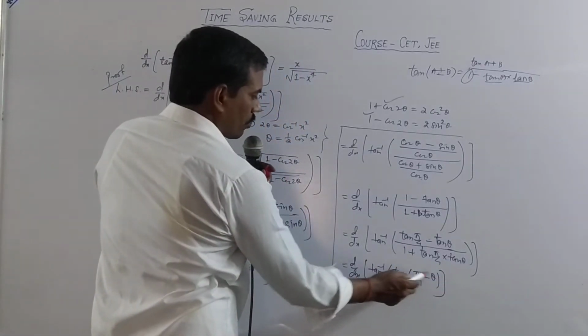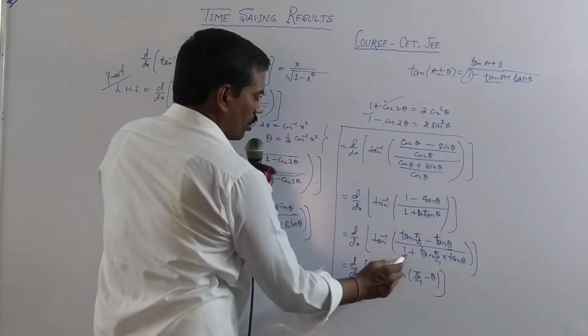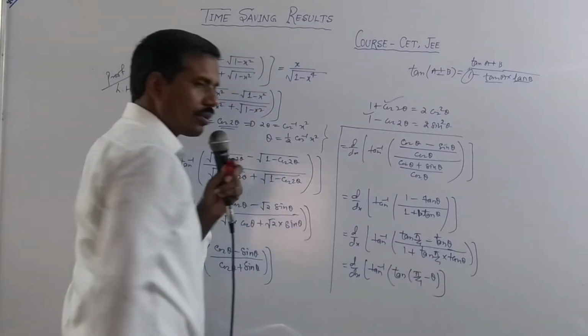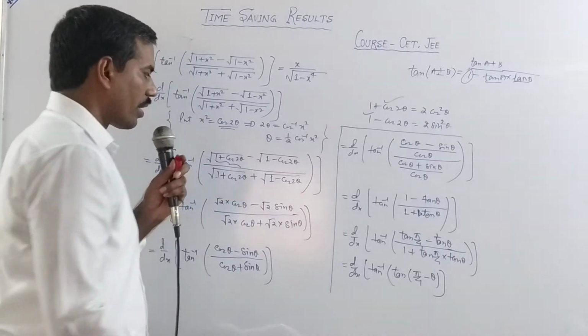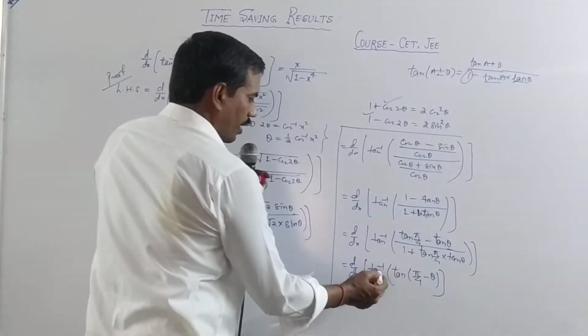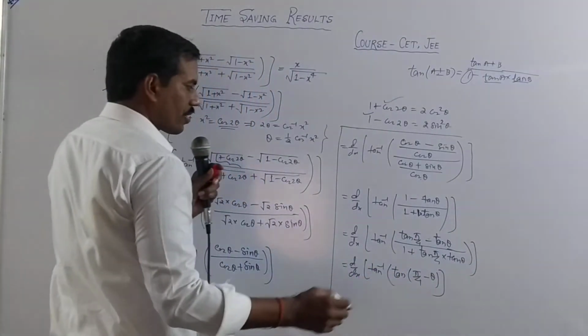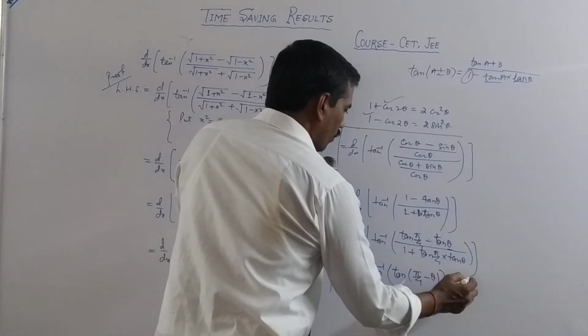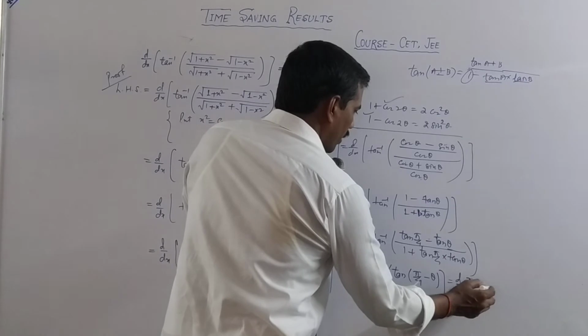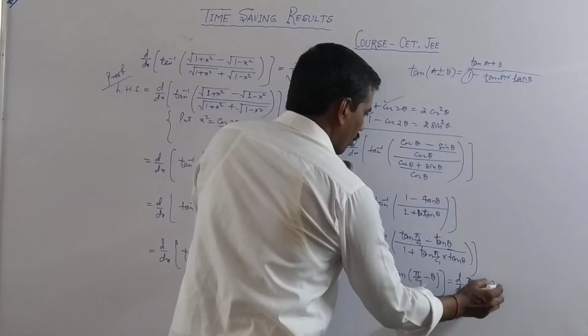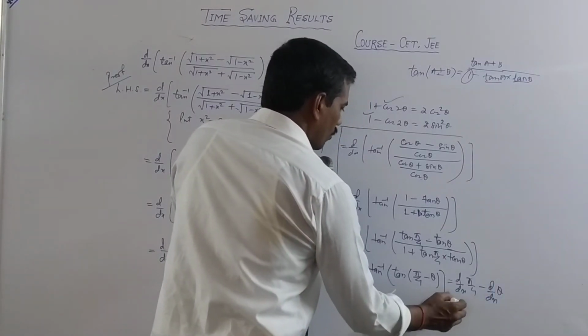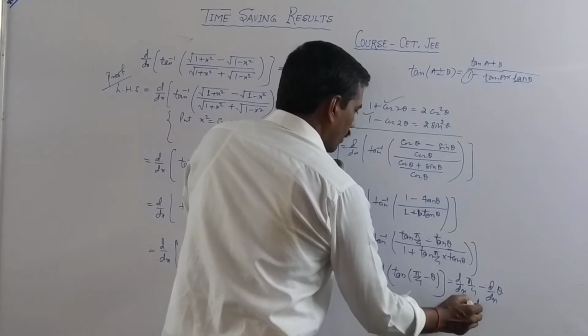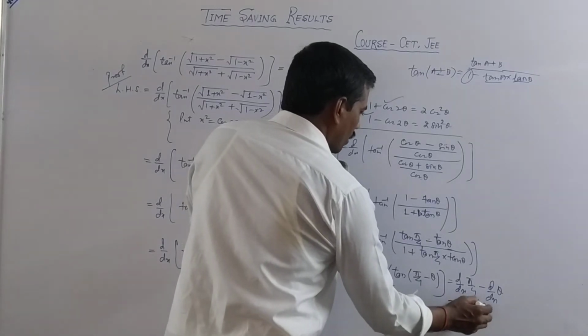Tan of a minus b is tan a minus tan b upon 1 plus tan a into tan of b. And tan inverse tan x is equal to x. This is equal to d by dx of pi by 4 minus d by dx of theta. This is equal to 0 minus d by dx of theta.